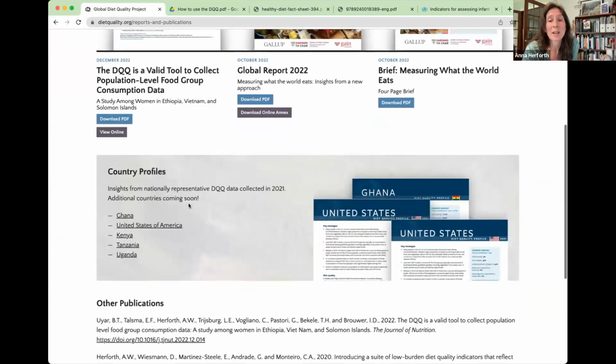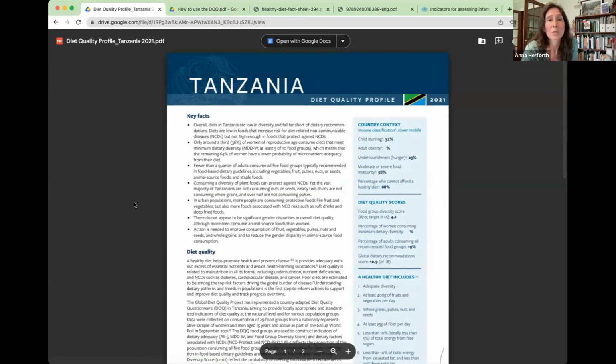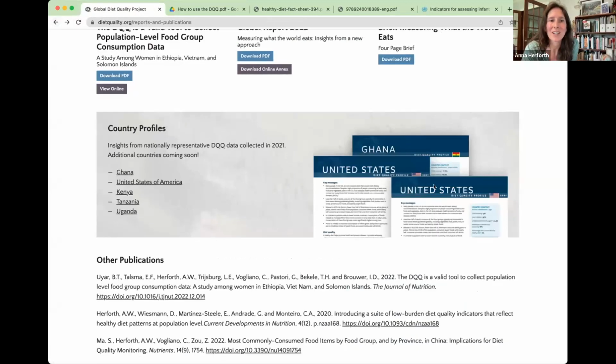There's a lot in the pipeline, but you can explore what's here, as well as country profiles, where more are coming soon, but you can see for a few countries what these look like in terms of digesting the information in a country profile and some policy implications of the indicators.